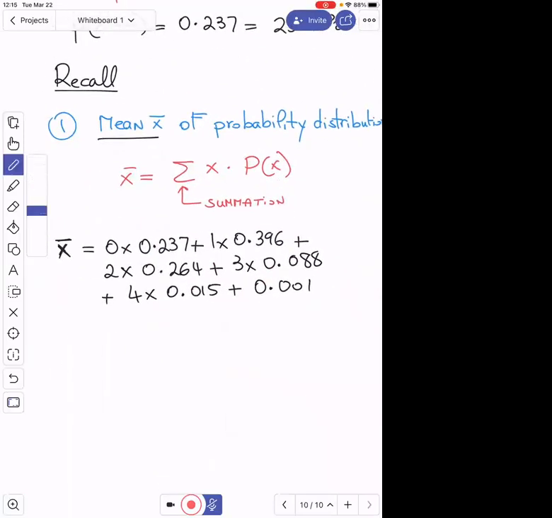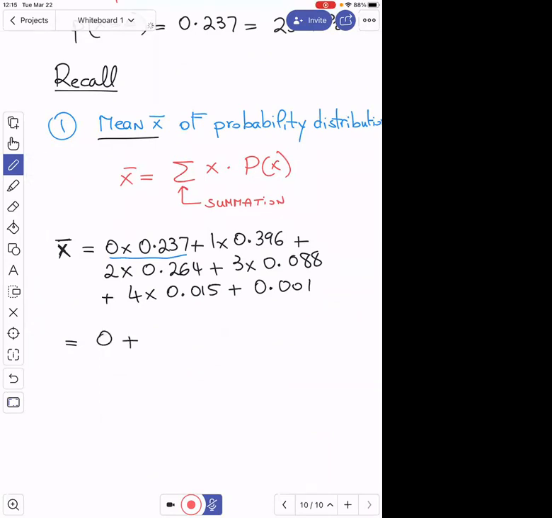I'm not sure if I did the details here yesterday, but let me just say, you need to multiply first, guys. So we multiply 0 by 0.237, that will be 0.